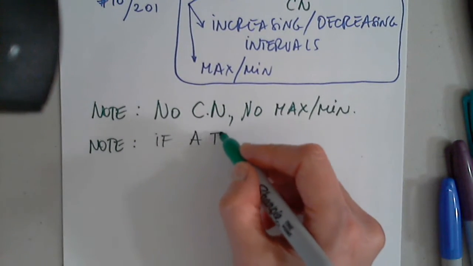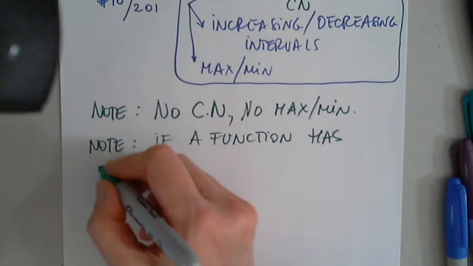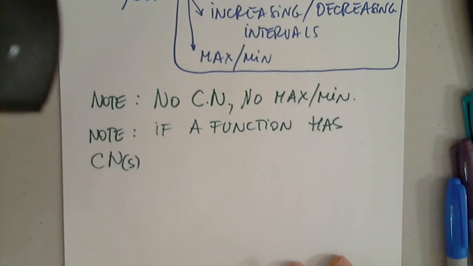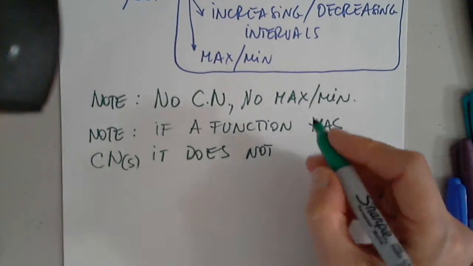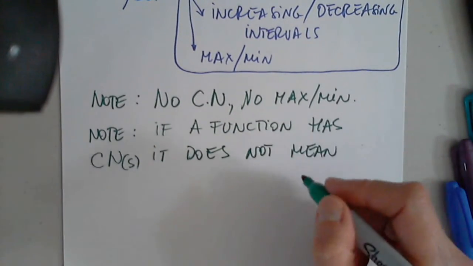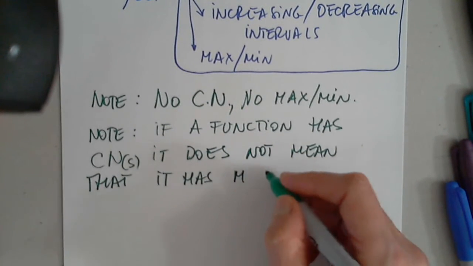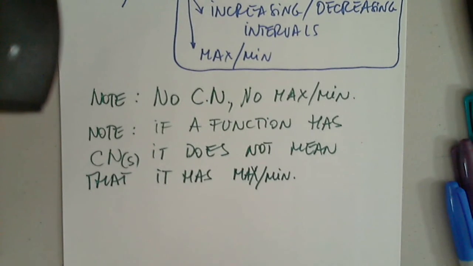If a function has critical numbers or just one, it does not mean that it has max min. Something else has to happen. But if it doesn't have a critical number, it's guaranteed not to have a max min.